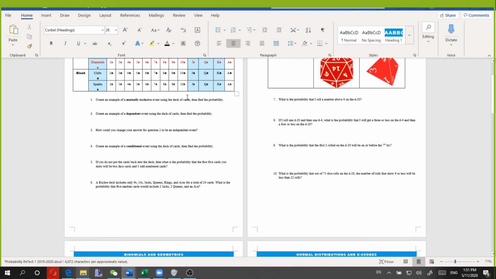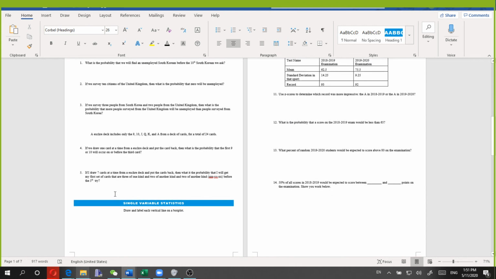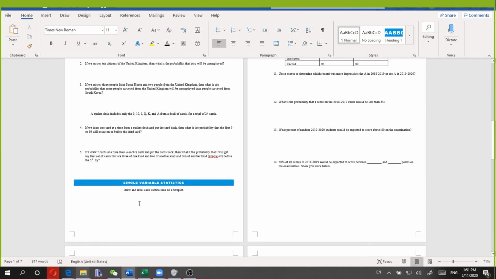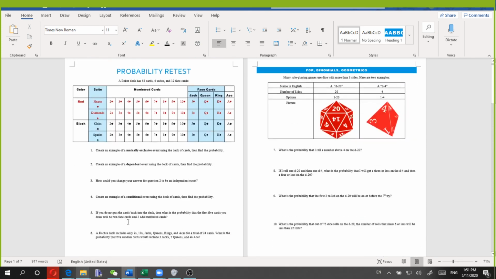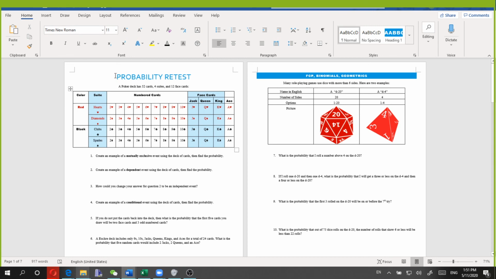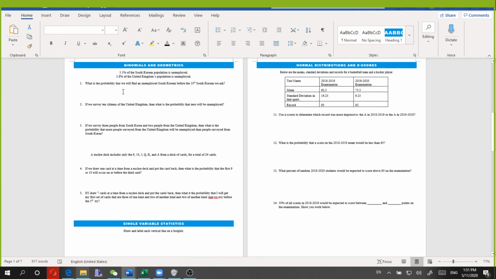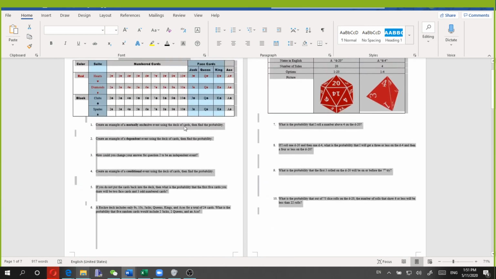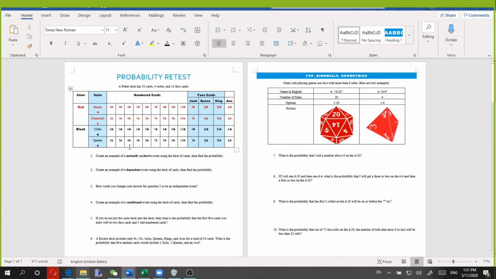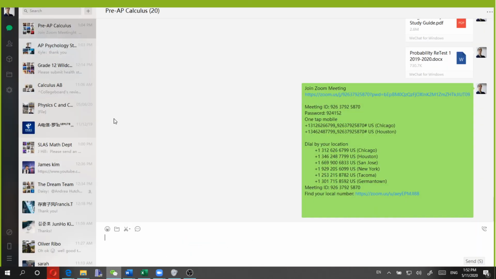And I'd like us to get through the first 3 pages of this up to single variable statistics. So you don't have to do the single variable statistics part, but I do want you to do the first 2 pages through the second half of the 3rd page. That's binomials and geometrics, both sections, and the permutations, combinations, and basic probability set from page 1. So I'll send to you guys now.